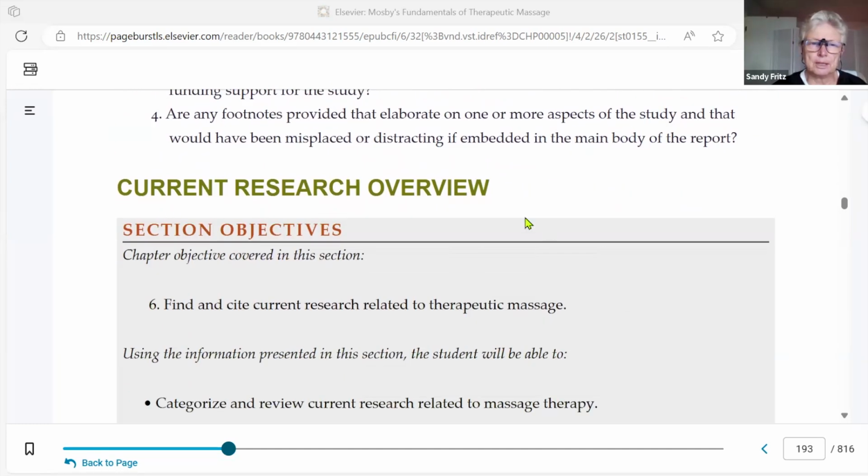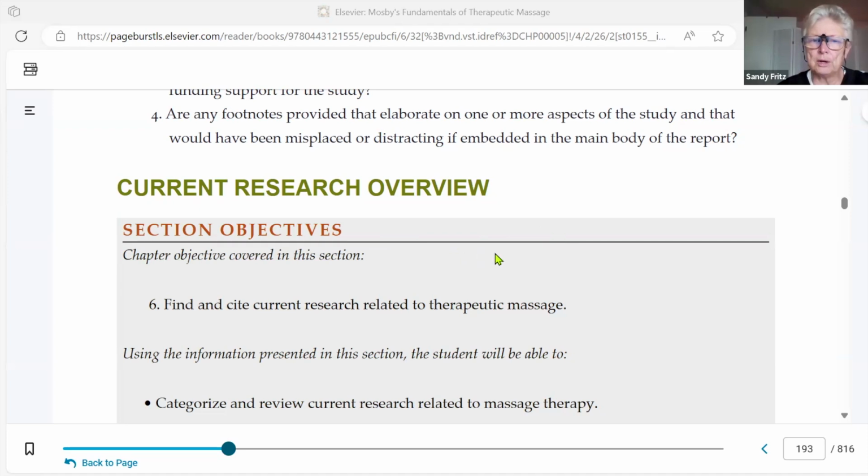Now we're getting into where the information is directly relevant to massage, and why you might not have an NBLEX question that would specifically cite or reference a piece of research. The concepts involved in the current research overview will help you with your critical thinking process in how you would address that particular question.